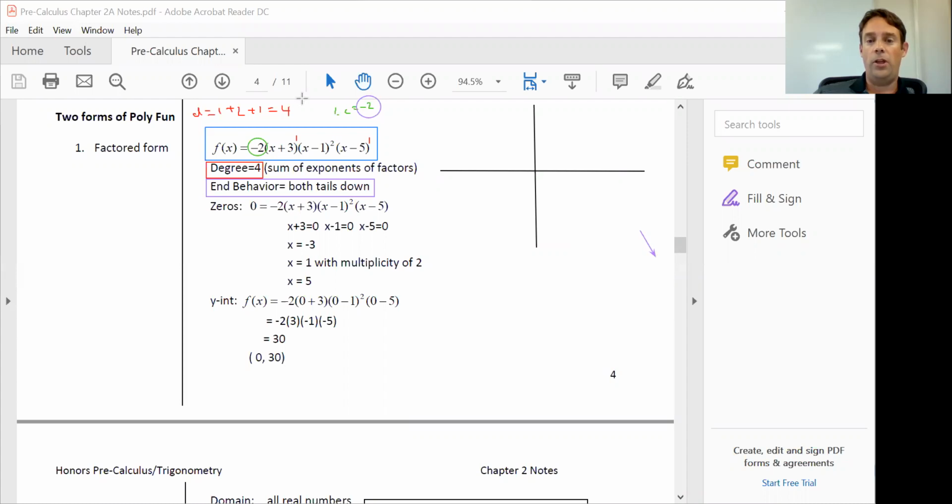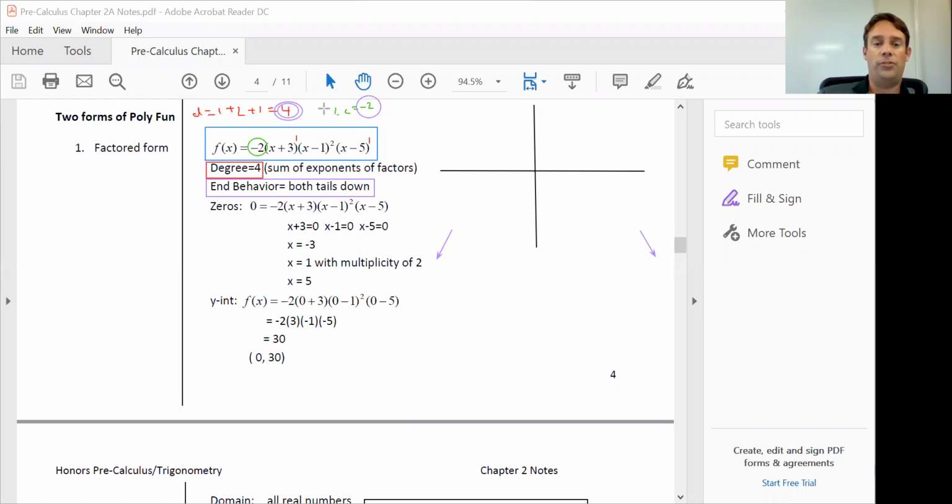And then the degree tells me if it's going to be the same or different. If the degree is odd, it's going to start opposite. But if the degree is even, like this one, it's going to be the same. So it's going to start low, end low. And by the way, both tails down. Notice how both arrows are pointing down.